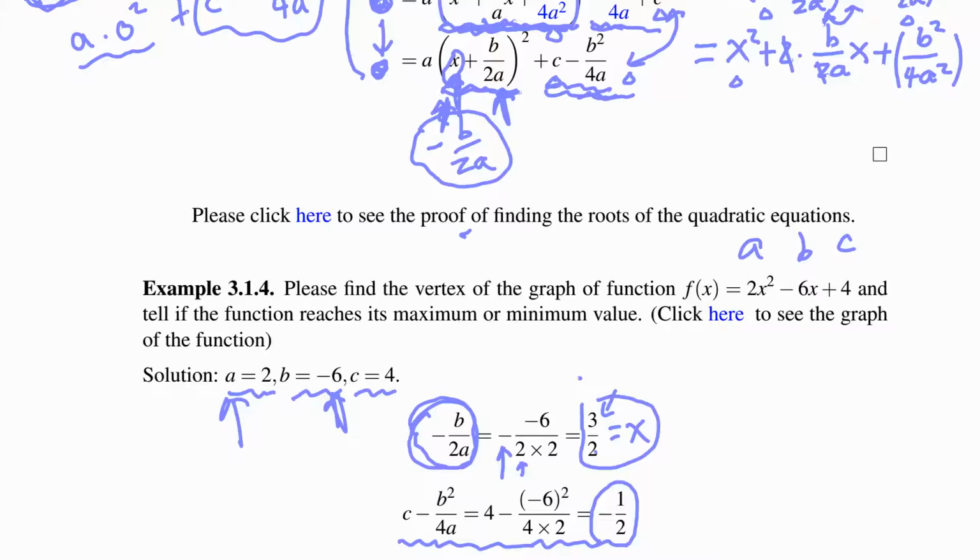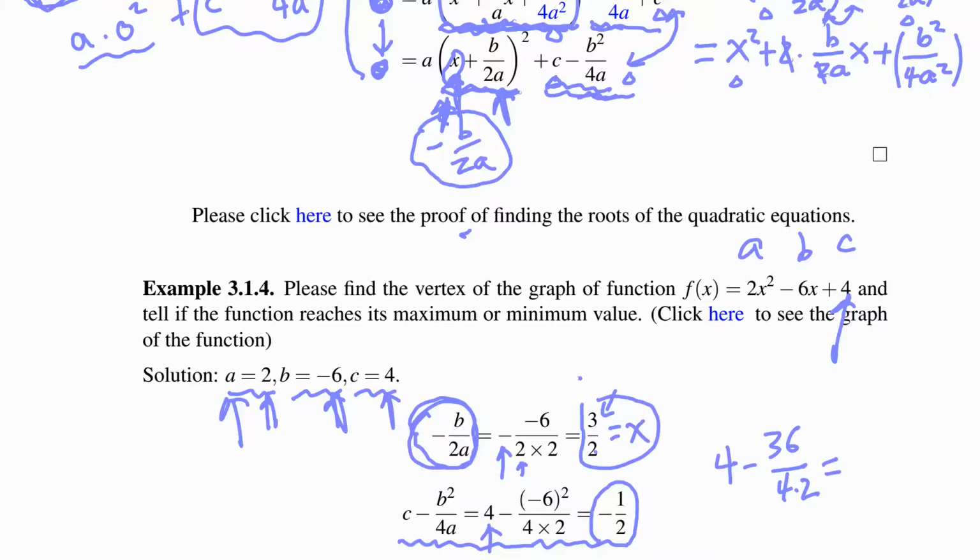Okay, c again is 4 from here and here. Minus b squared, which is negative 6 squared, divided by 4 times a. 4a is 4 times 2. You can calculate that as 4 minus 36, negative 6 squared, divided by 4 times 2.